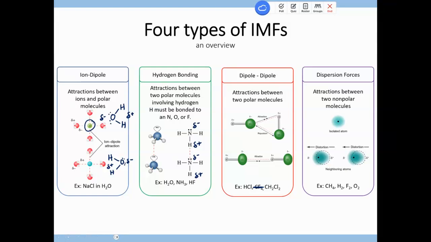That creates a partial negative and partial positive, which then distorts or creates another dipole in another molecule, so that positive and negative are now closer to each other. The electrons over here would then be attracted to the partial positive side there. So any nonpolar molecule has dispersion forces. Now these are the weakest, and these are the strongest.